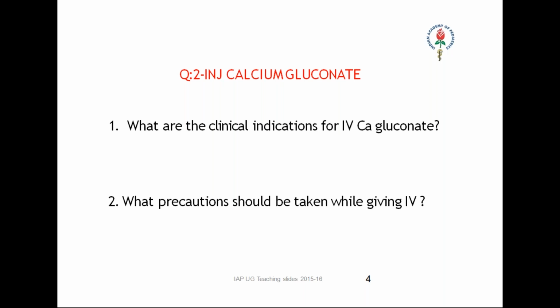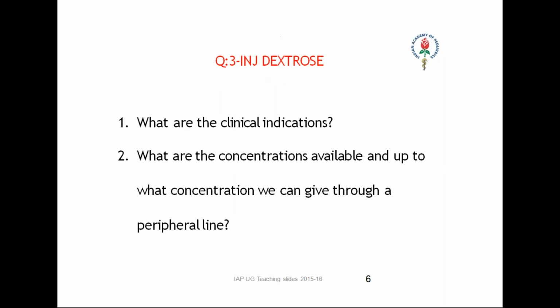So till now we discussed 3 drugs. One is paracetamol, another one is sodium bicarbonate, next is calcium gluconate. Next drug is injection dextrose. What are the clinical indications? What are the concentrations available and up to what concentration can we give through a peripheral line? This is the expected question.